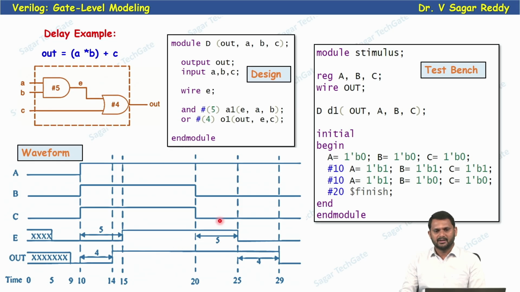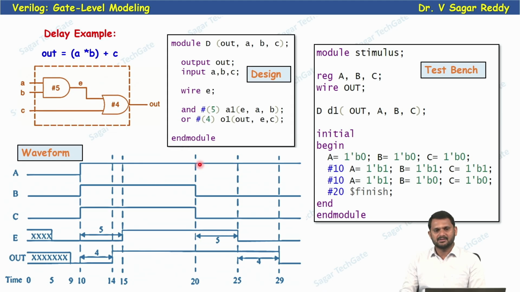Now see another example. Here a is 1, b is 1, but b becomes 0 at time 20. So now one input is 1 and another input is 0. For this AND gate, the output should be 0. It should be updated after 5 units of time delay.